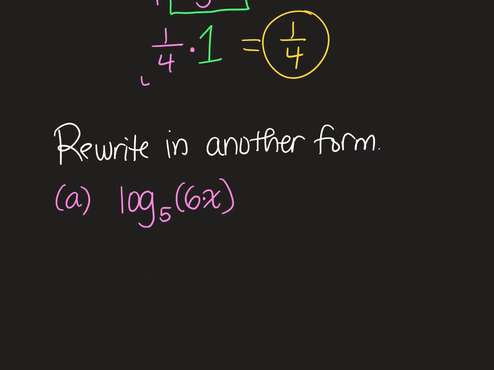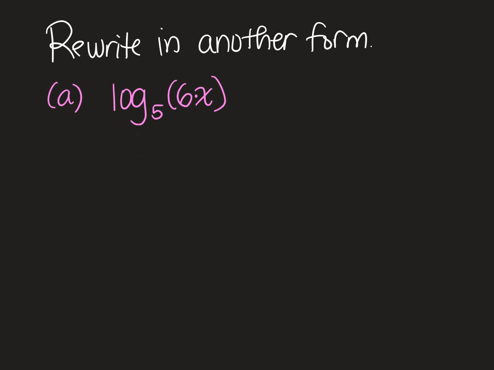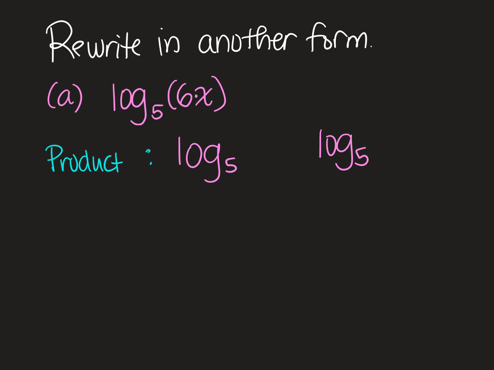So let's split it up into two logarithms. So I'm going to use the product property. Let me write that here. All right. So my product property tells me I can split up that one logarithm into two logarithms that have the same base. So that's what I start with. I'm going to start with the fact that I have two logarithms with the same base, and because I'm using the product property, I'm going to be adding those two logarithms together.